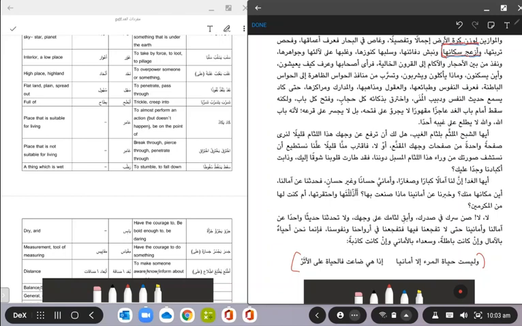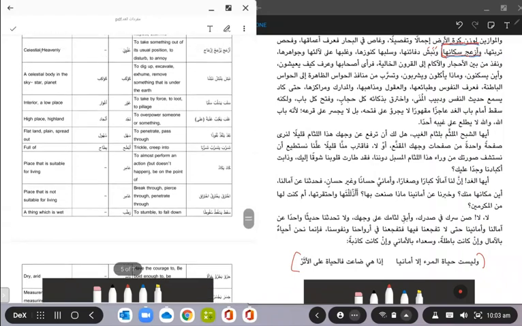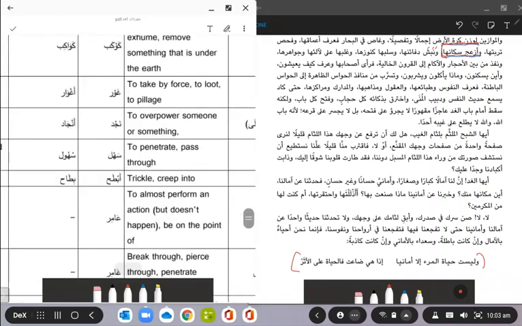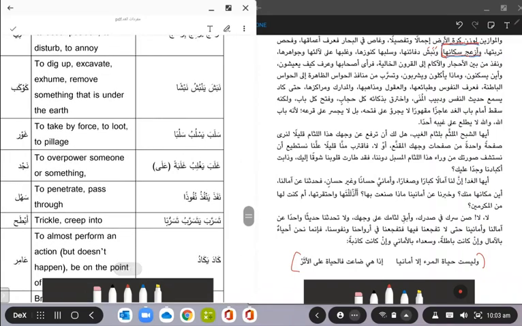For example, the next one, وَنَبَشَ. This is fi'il madi, and if you look at the vocab list, نَبَشَ يَنْبُشُ نَبْشًا, it is from the bab نَصَرَ يَنْصُرُ. It means to dig up, to excavate, exhume, remove something that is underneath the earth, under the land.